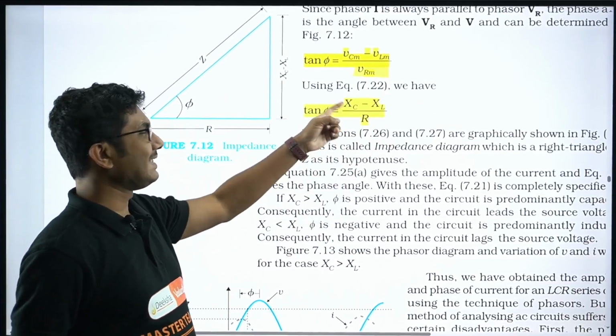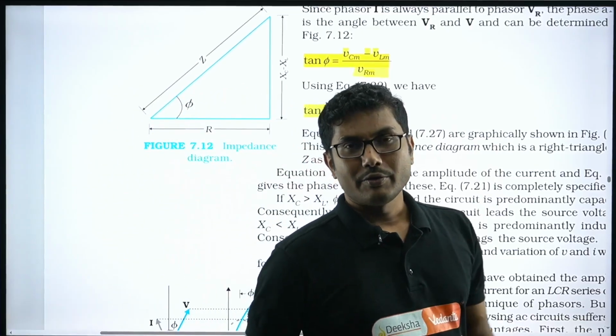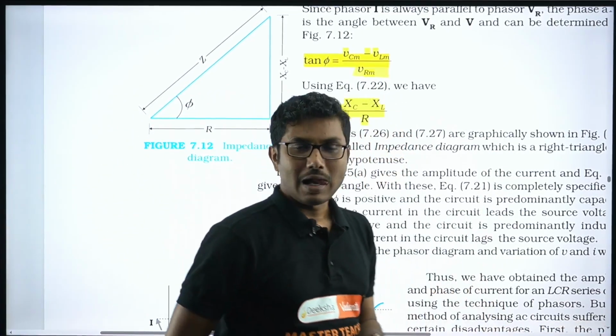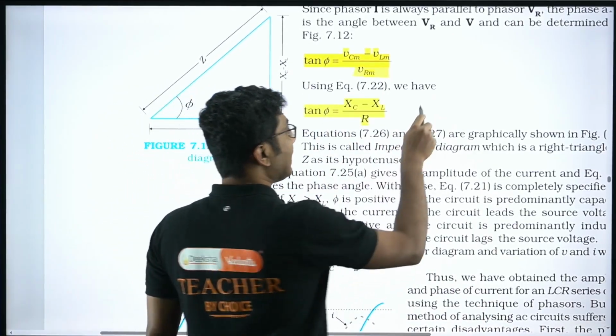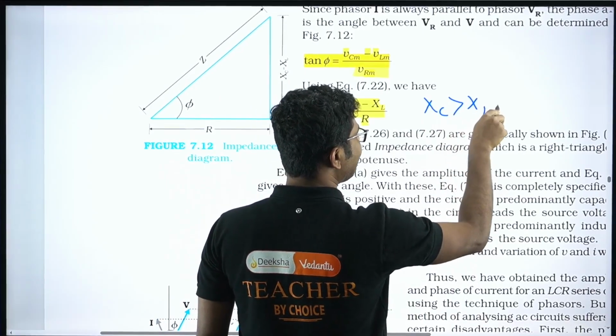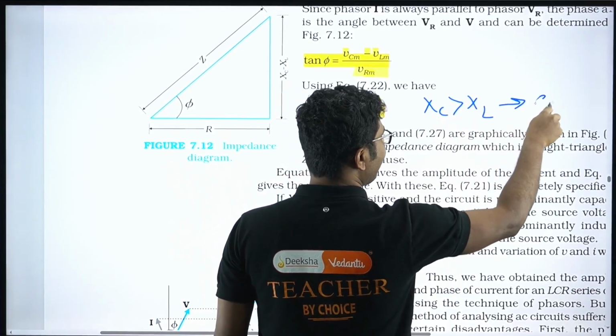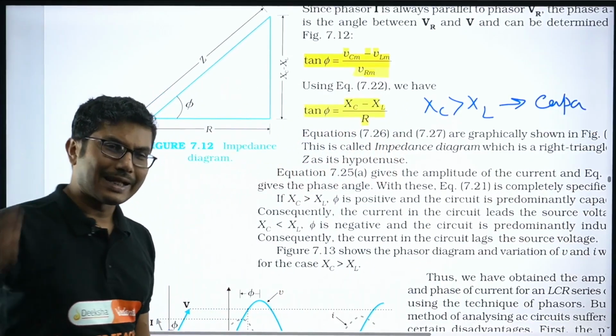Now if XC is more than XL, then the circuit is said to be capacitive, and the current will lead, like in a capacitor.